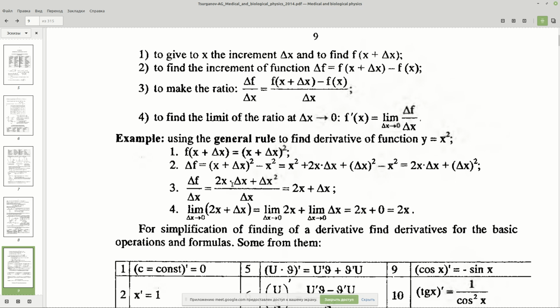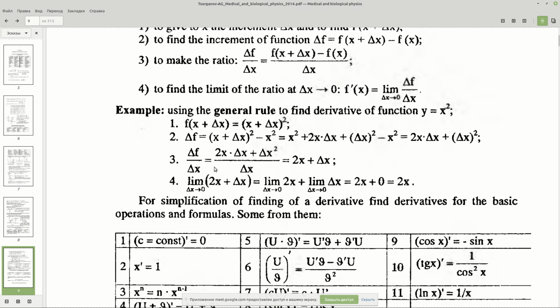So we cancelled in the first part of the sum, and cancelled one power in the second part of the sum.